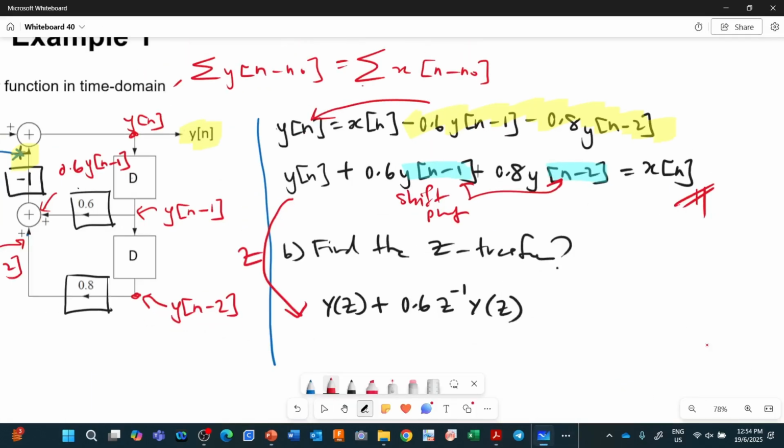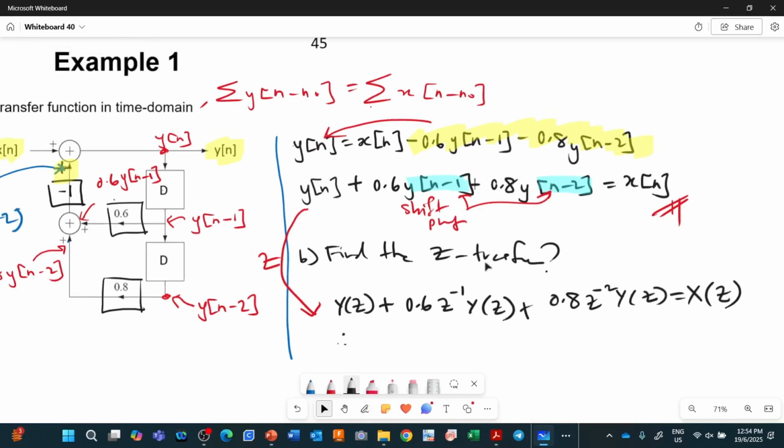Okay, so then we continue. Plus 0.8 z inverse what? Minus 2. Right? Y(z) equivalent to X(z). So for the Z transform, normally we want to find it in terms of H(z).